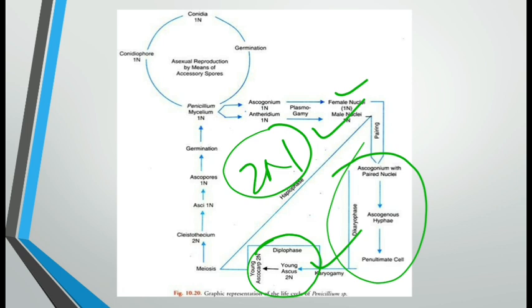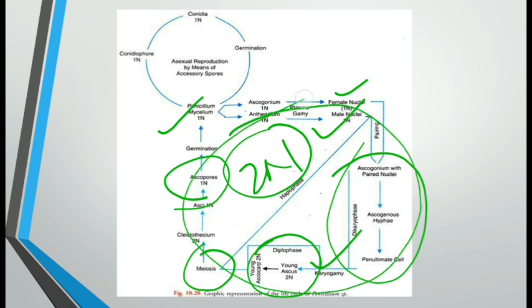From inside the ascus, the ascus mother cell undergoes meiosis, and after meiosis ascospores are formed, and ascospores after maturation are released into the environment, and after germination they form a new Penicillium mycelium.